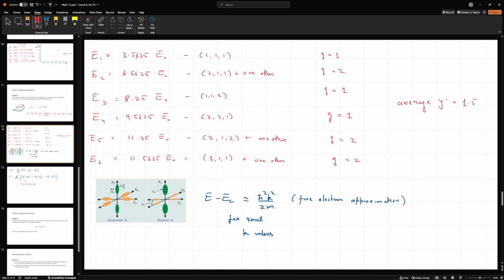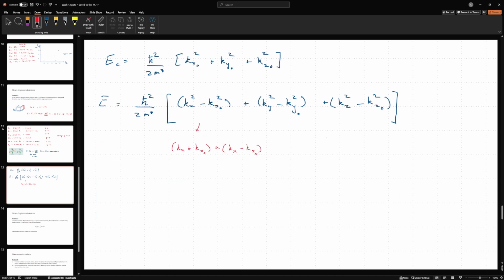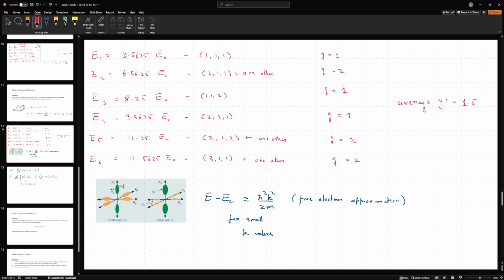That is what I'm seeing here on the x-axis. On the x-axis, I will form two ellipsoids, one on the positive side, one on the negative side. Similarly for the y-axis, similarly for the z-axis. So when I introduce a strain, one of these ellipsoids will change dimension because this k value will get a different scaling.